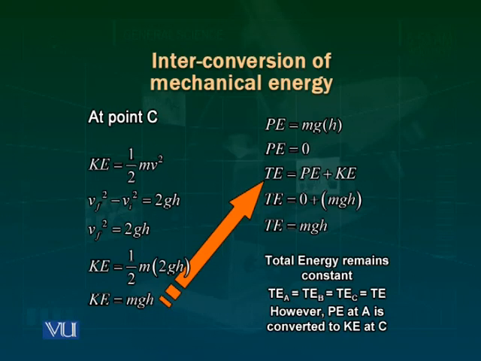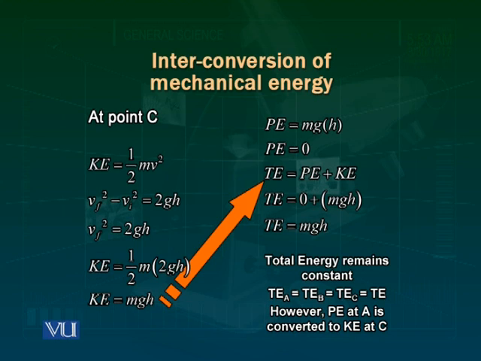Now, at position C, that is the third position when the object has reached the ground, what is the kinetic energy at this point? We find it again from the third equation of motion, vf squared minus vi squared is equal to 2gx, and we find that the kinetic energy at this point is mgh.